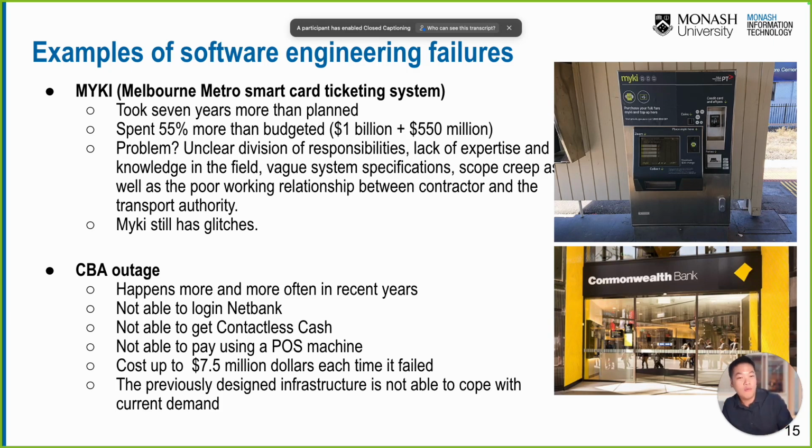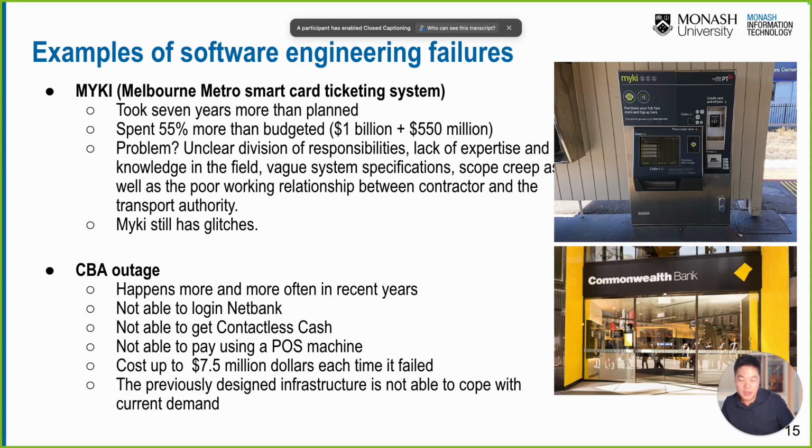So that's an overrun project already, right? And they said they spent 55% more than the budget. What does it mean? It was budgeted for 1 billion, but at the end of the project, they spent roughly $1.5 billion. So there's a huge cost overrun over budget, right?